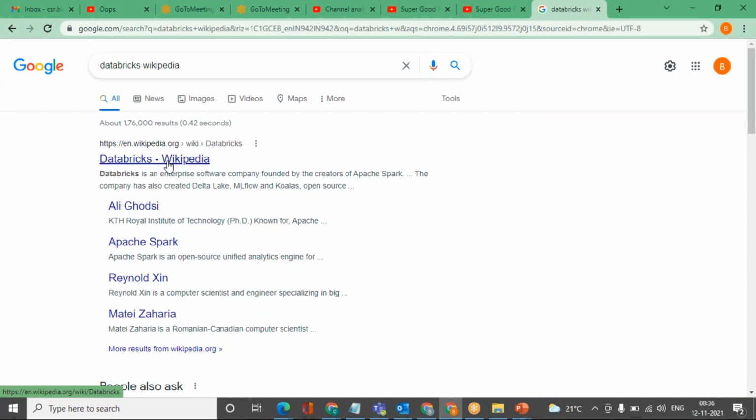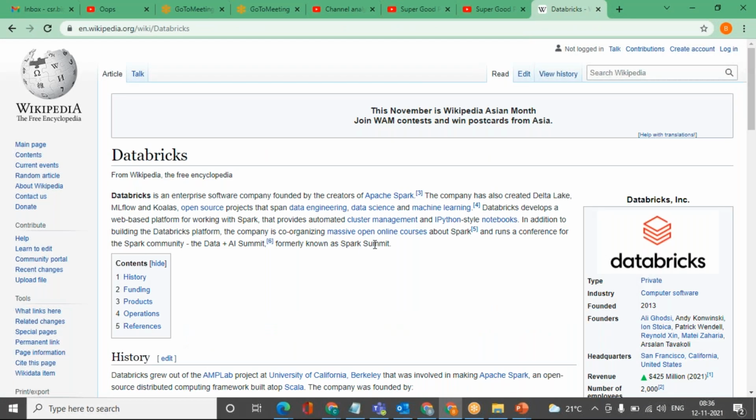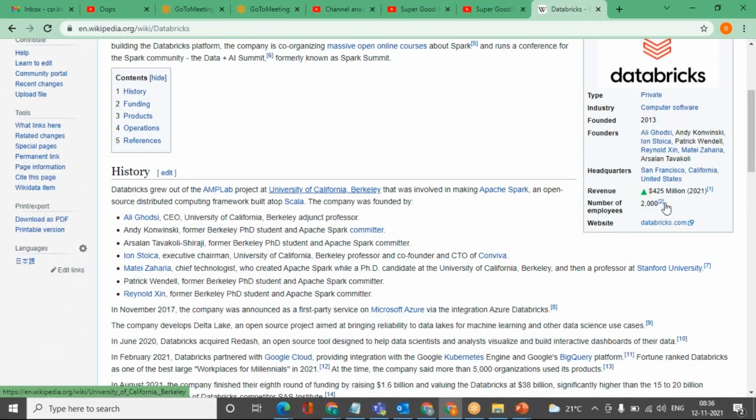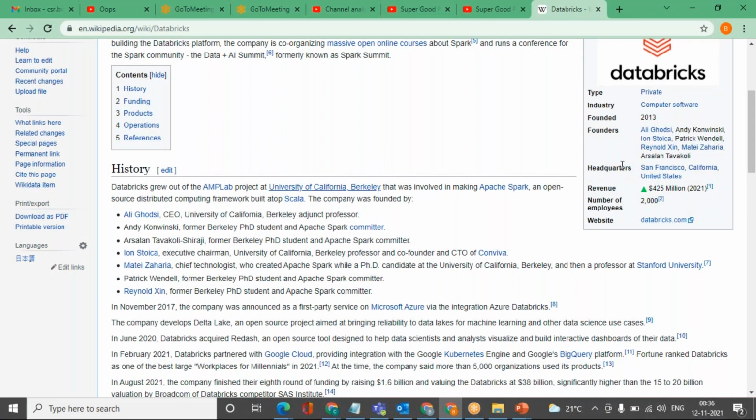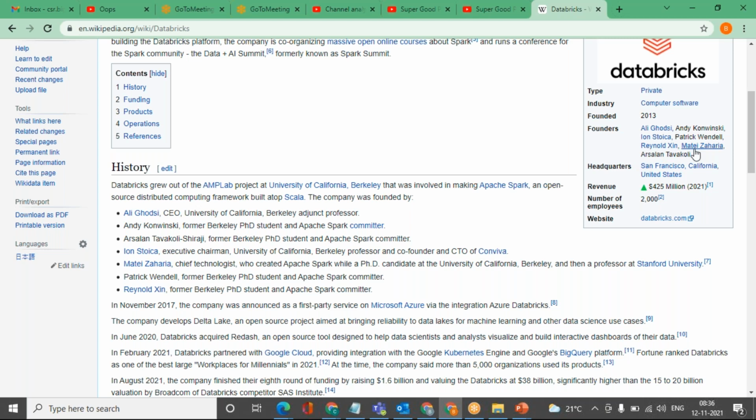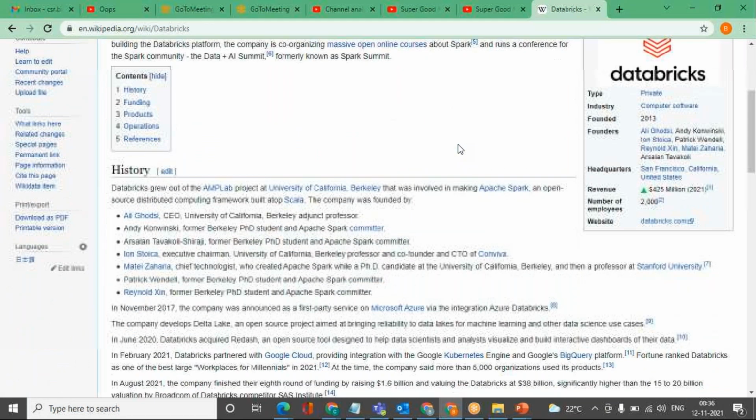So I told you Databricks, right? Databricks founders are these guys: Ali, Anastasia, Reynold, Zaharia. These are the founders of Databricks.